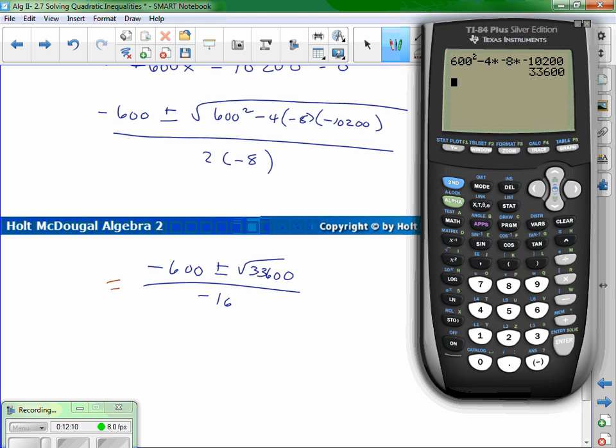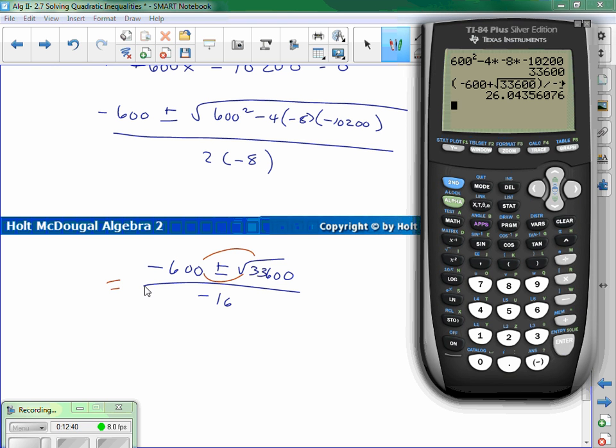Now, do we understand the fact that we have to do a plus and we have to do a minus? So I'm going to put this in the calculator. Got to put the top in parentheses. Negative 600 plus the square root of 33,600. Close the parenthesis. Divided by negative 16.